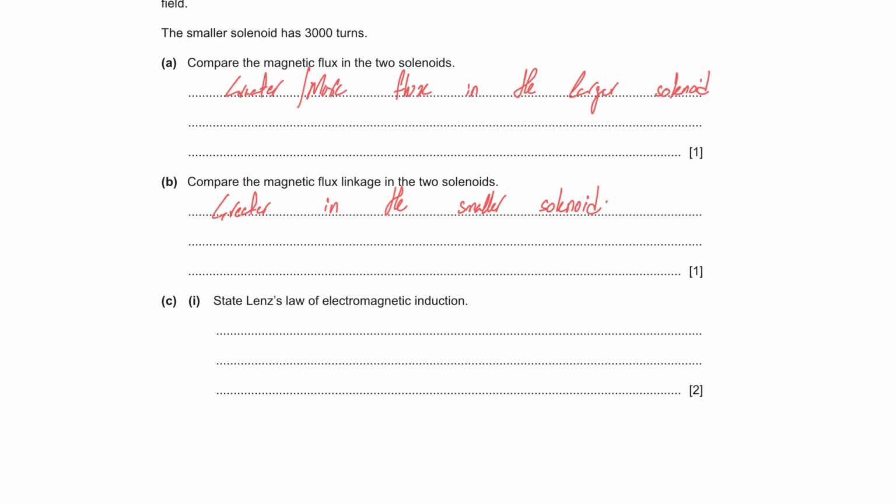Part C1 says state Lenz's law of electromagnetic induction. Lenz's law of electromagnetic induction states that the direction of induced EMF is such that it opposes the change that produces it.